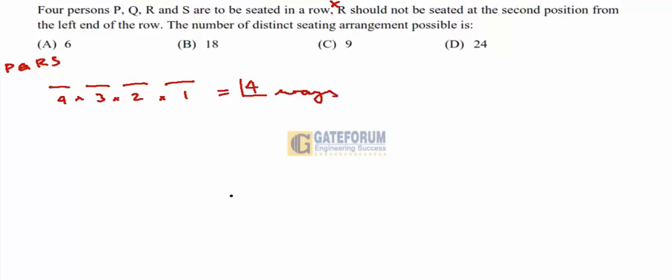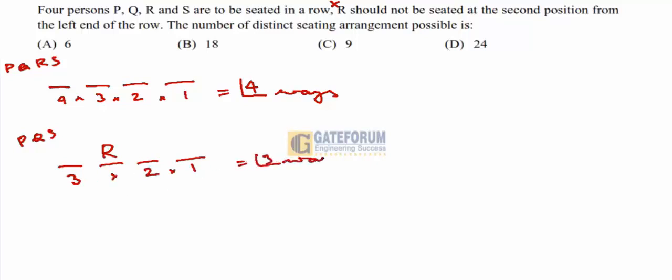Now, let us suppose I say that R is seated second from the left. It has been said R should not be, but I have deliberately taken that R is seated second from the left. So in how many ways can the three other people, P, Q and S, fill these three positions? See, 3, 2 ways and 1 way. So that is equal to factorial 3 ways.